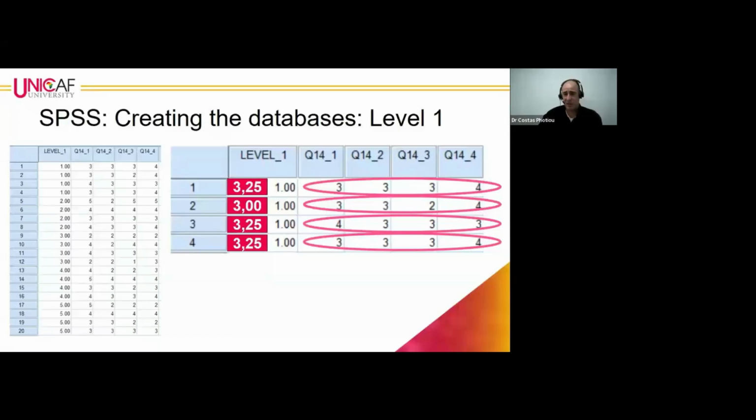So the first employee answered the first question 3 out of 5, the second question 3, the third 3, and the fourth 4. And by looking at these numbers, 3, 3, 3, and 4, we can see that the average of that employee is 3.25. In the same way, we calculated the other averages.